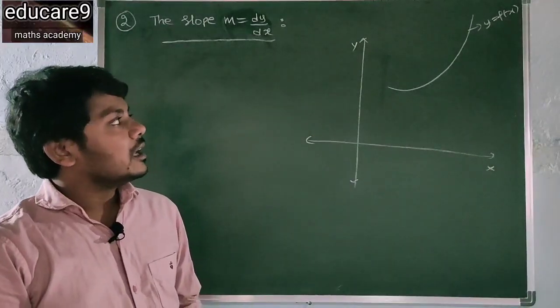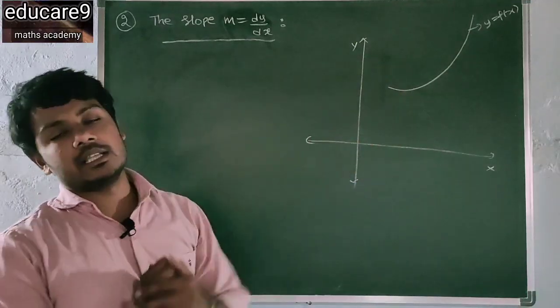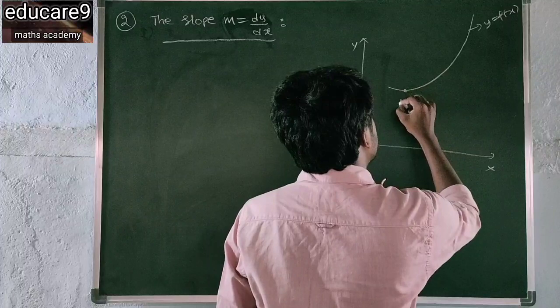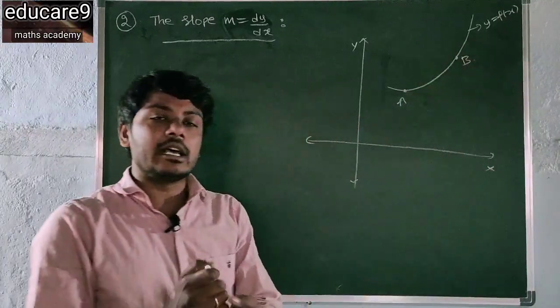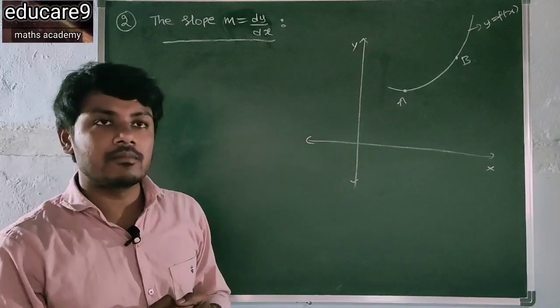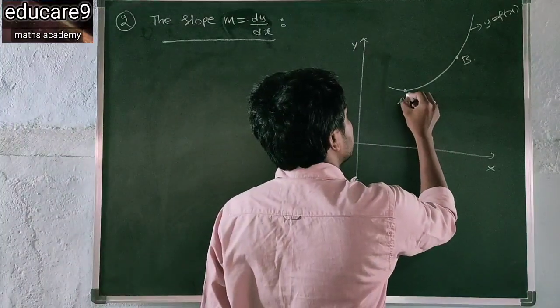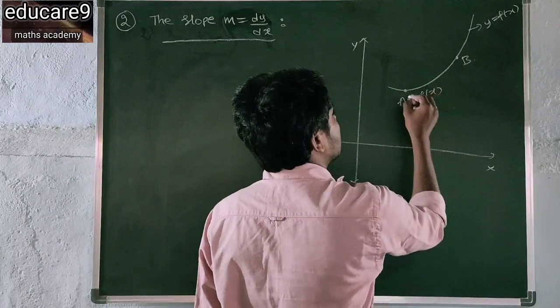So here let A and B be any 2 points on the curve. For example, this is A and this is B. So clearly these are any 2 points on the curve. For example, point A is x comma f of x.